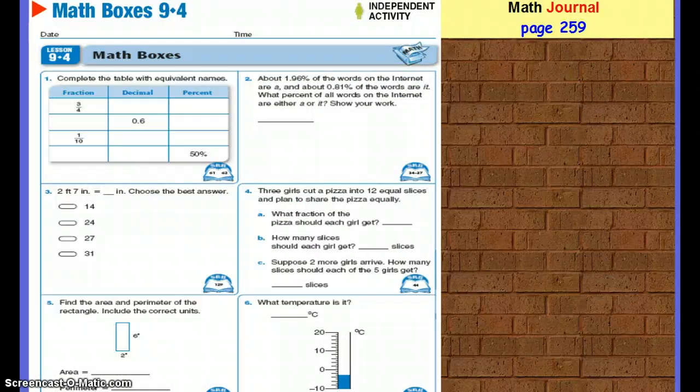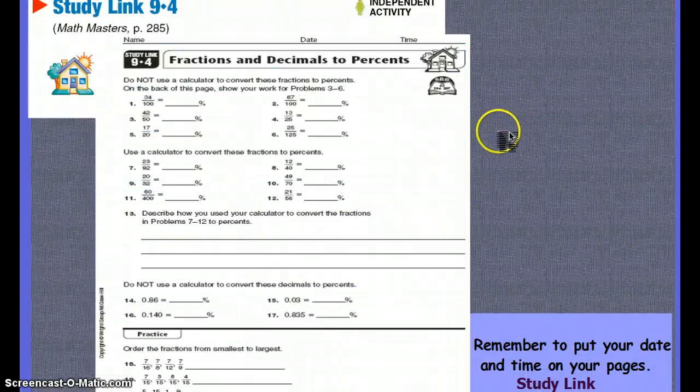After you've checked the answer key, go ahead and do your math boxes. Remember, these are reviews of skills you've already been taught. The SRB, your student reference books, has pages here listed in case you need help with any of those boxes for reminders on how to do them. And if you don't get it by looking at that, feel free to come back to me at the table. The final step you're going to do for 9-4 is go do the study link.